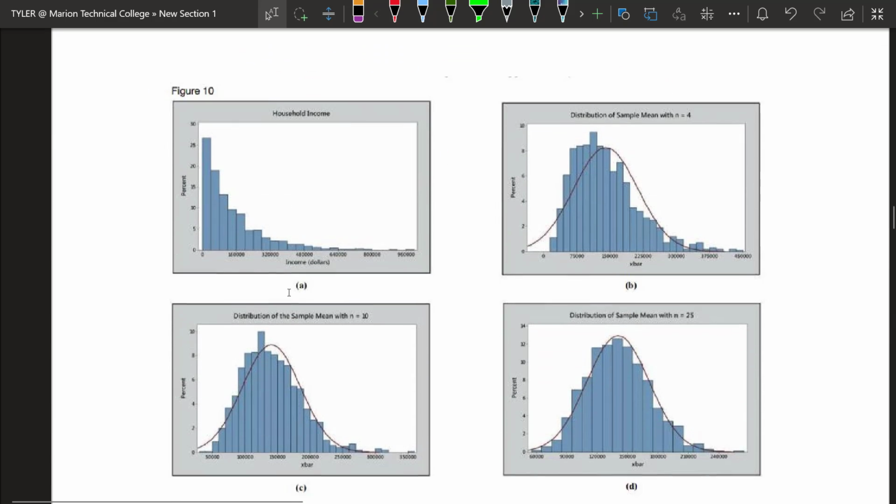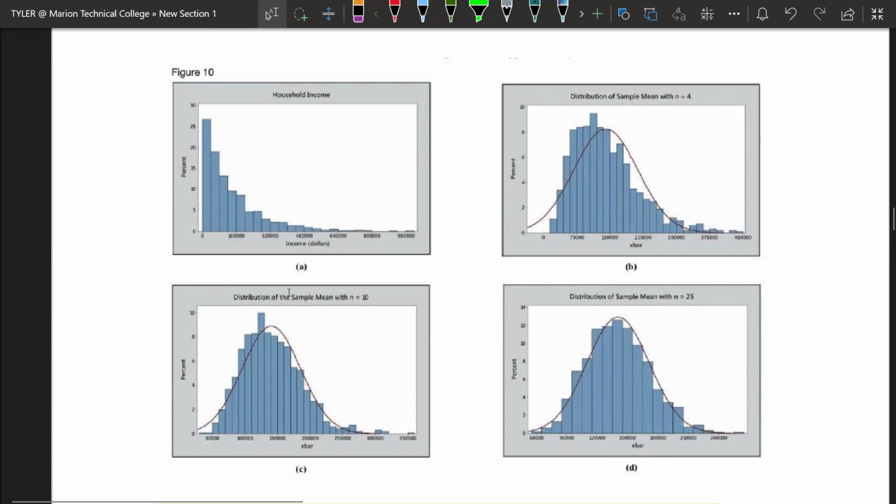So if we look at the top of the next page, actually take a look at this. This is figure 10 from the textbook. This first histogram, the relative frequency histogram, is of household income. So this is the population, and notice this is right skewed.